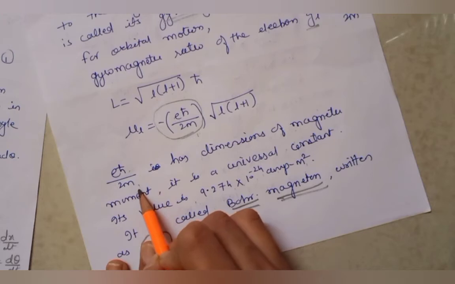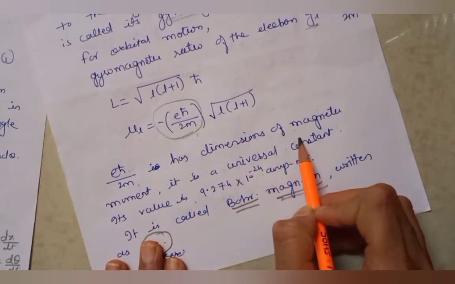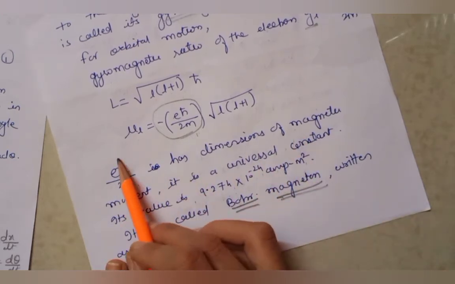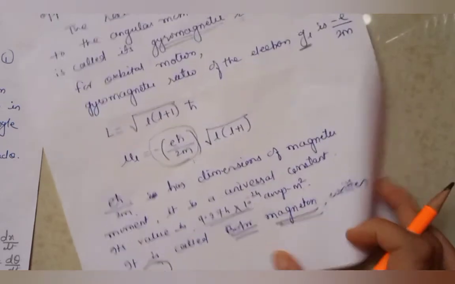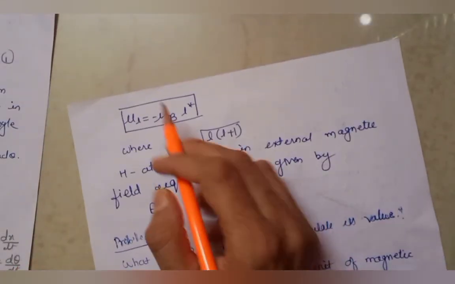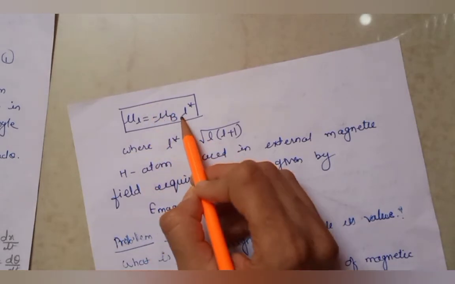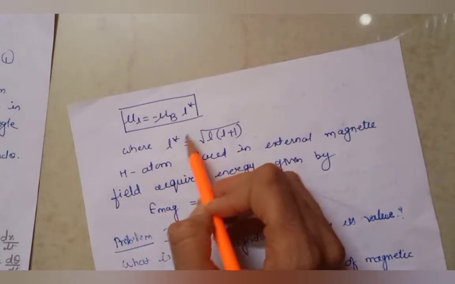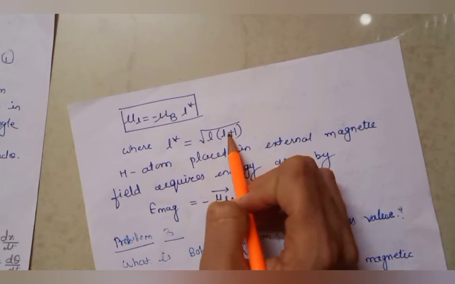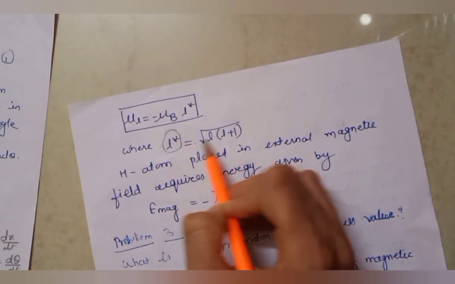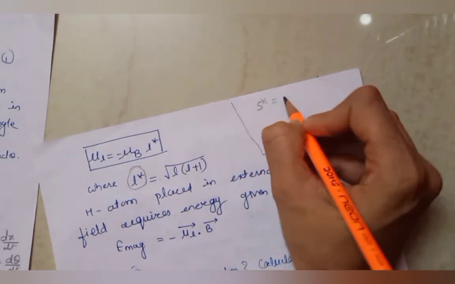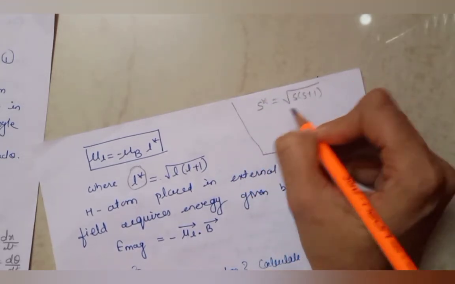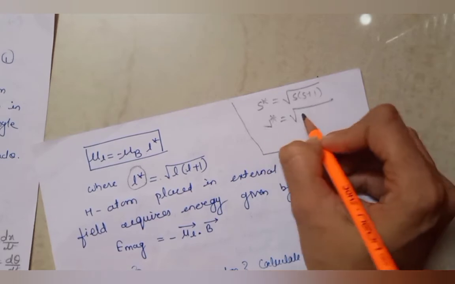So EH cross upon 2m has dimensions of magnetic moment. It is a universal constant. Its value is this much, and it is called the Bohr magneton. So mu L is minus mu b L star, where L star is nothing but under root L into L plus 1. In the later part, we will also study S star, written as under root S into S plus 1, or J star, written as under root J into J plus 1.